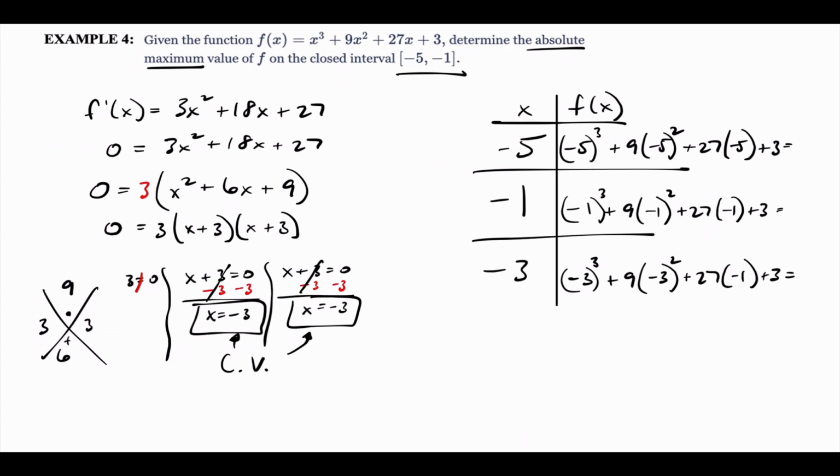Okay, so you would just do order of operations. You would just do PEMDAS, right? To save us some time, I'll just give you the answer. You guys have been doing PEMDAS since elementary school, so I'm guessing you can do that fine. But just to speed it up, when I plug in -5, you're going to get +32.